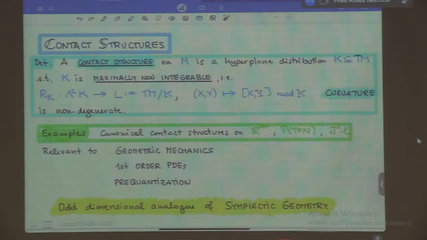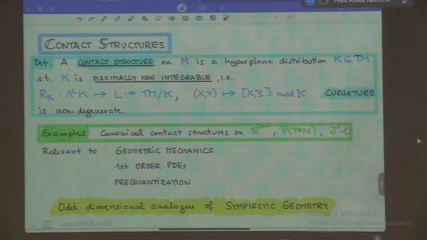To every hyperplane distribution, one can attach the curvature. This curvature is a two-form on the distribution with values in the normal line bundle, which is given basically by the commutator of vector fields of the distribution modulo the distribution itself.